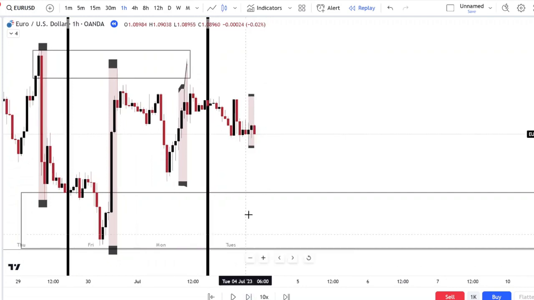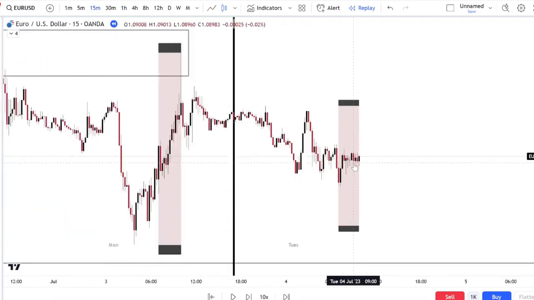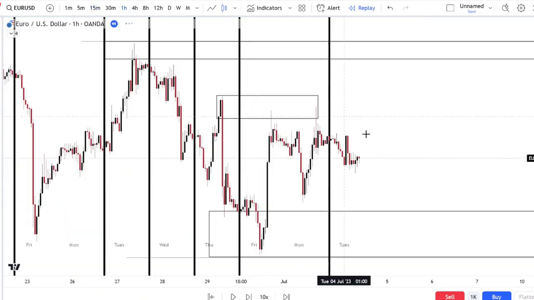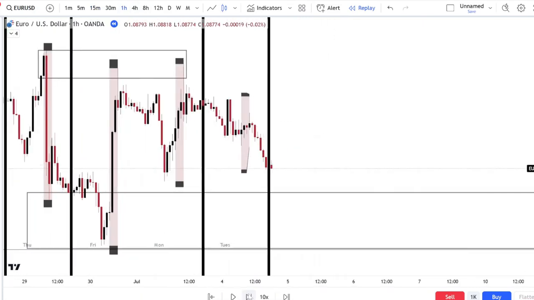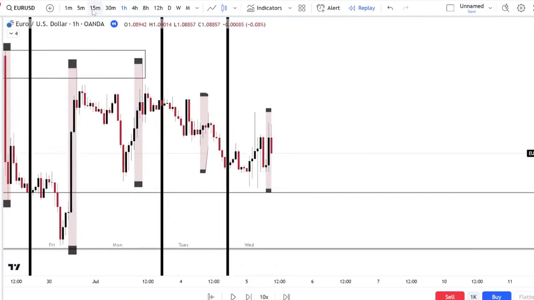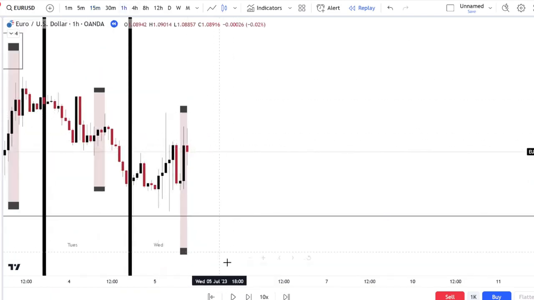Nothing interesting. Price is literally consolidating. Neither the high nor the low of the day has been made in our New York session peak, so we're going to continue.